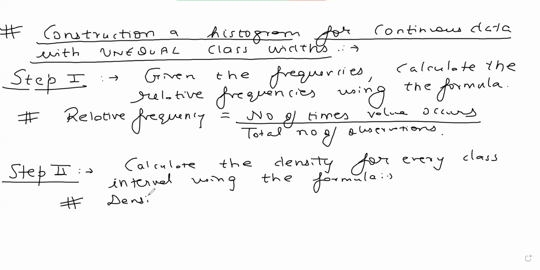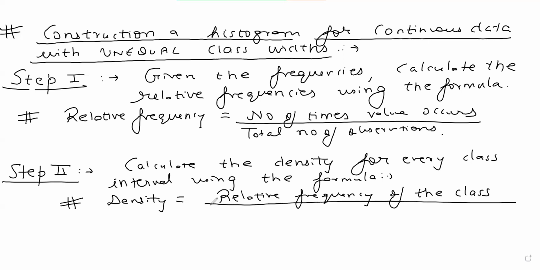Density is equal to relative frequency of the class, which I will calculate from step number one, divided by class width. What is class width, guys? The upper limit minus the lower limit. That is going to give me the density.